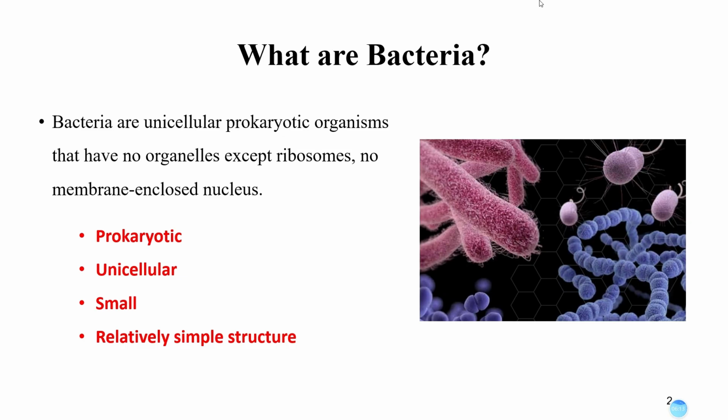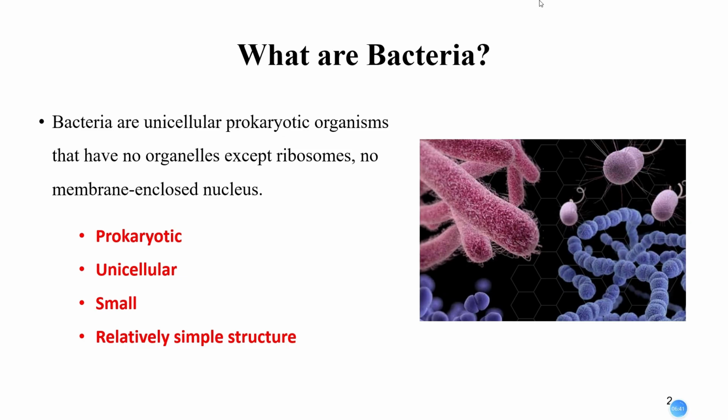And also unicellular. The meaning of unicellular means they are single cells. So unicellular. But even though they are single cell organisms, it doesn't mean that all bacteria live only one by one. Sometimes they need to form a big group so that they can live together.